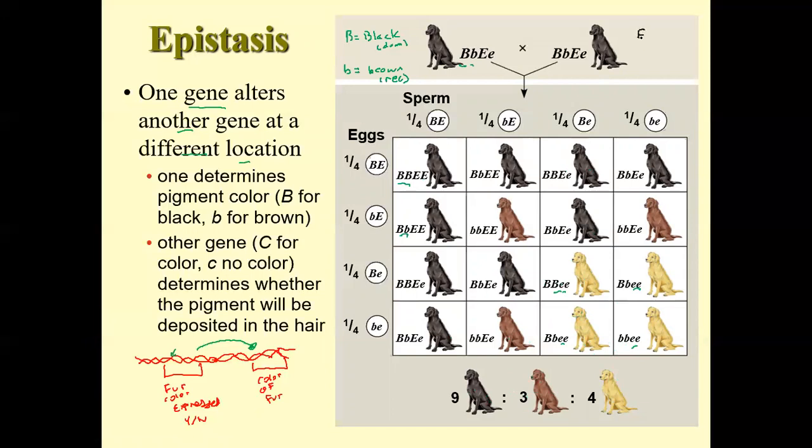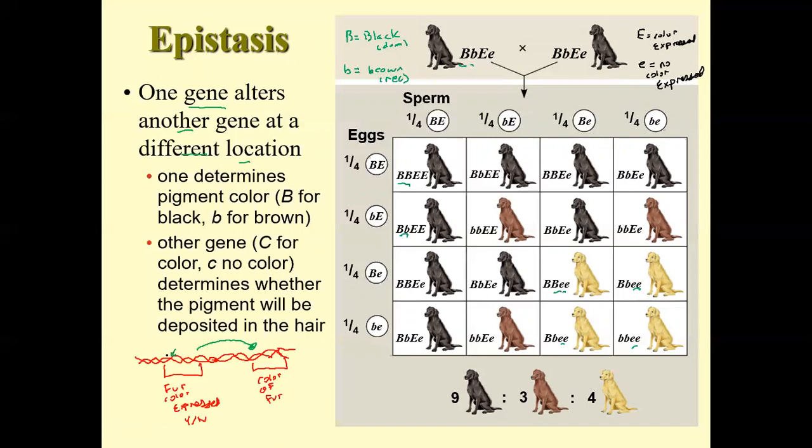So the big E is going to represent the color is expressed, meaning are we actually going to make the fur color or not? And little e means that no color is expressed, okay? So basically think of it this way.